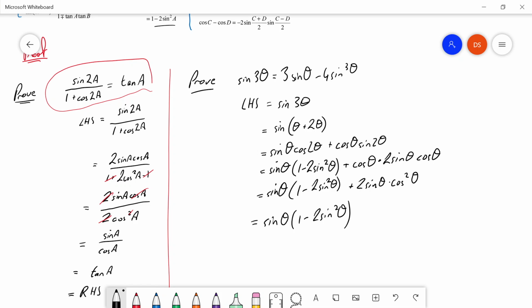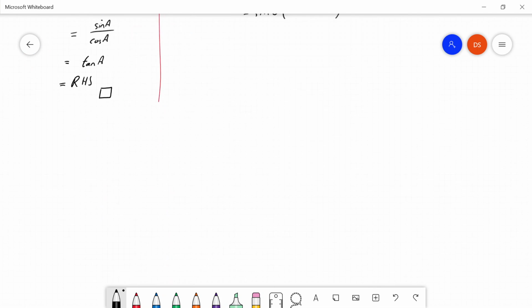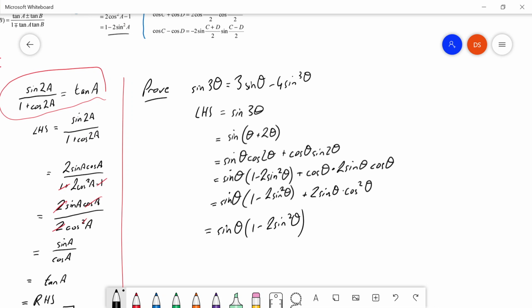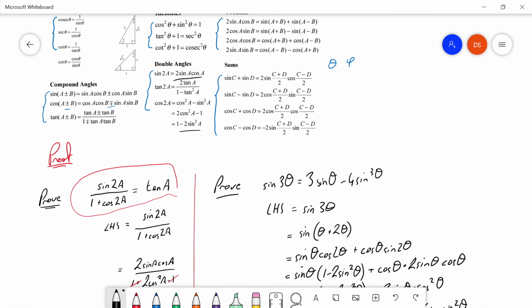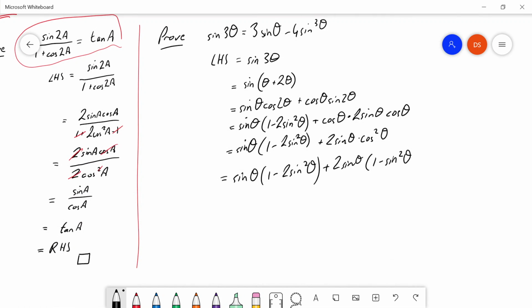I don't want any cosines because look at the top, there are no cosines. And so I'm going to write this as 1 minus sine squared from the Pythagorean identity that we had. Okay? So if we do that, look at what happens. Let's expand this carefully.